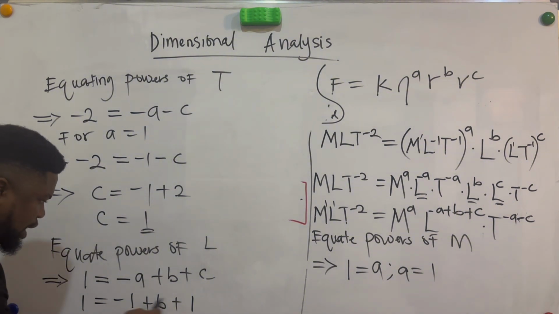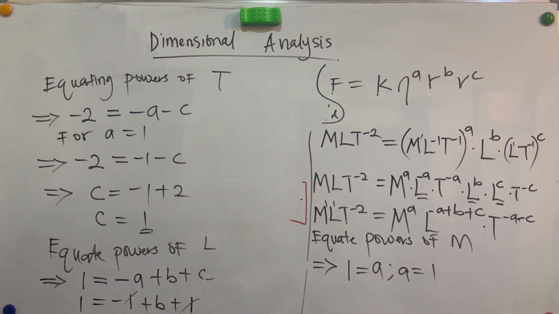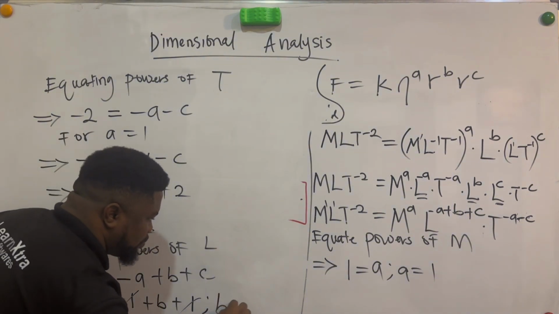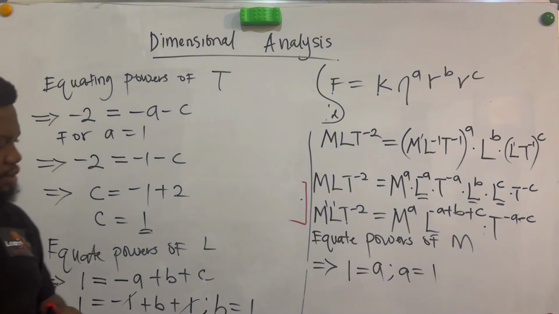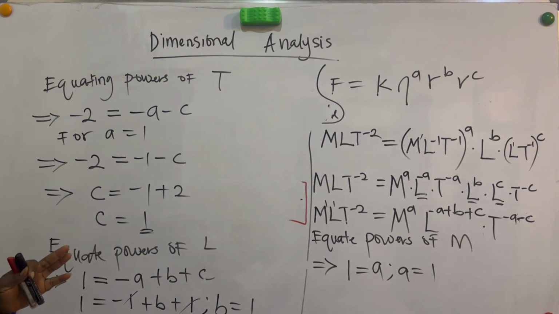Minus 1 plus 1 can just go. So B is equal to 1. So in this case, ABC is 1, 1, 1. That's the value of ABC.